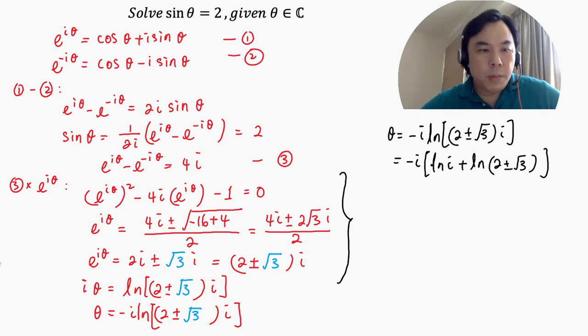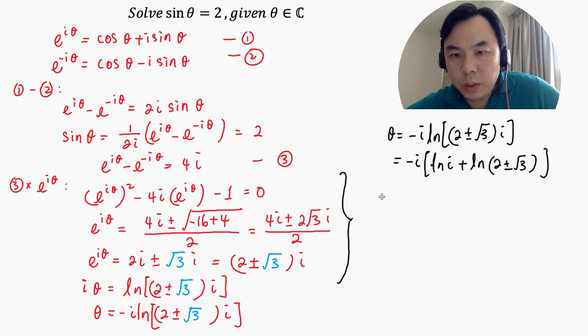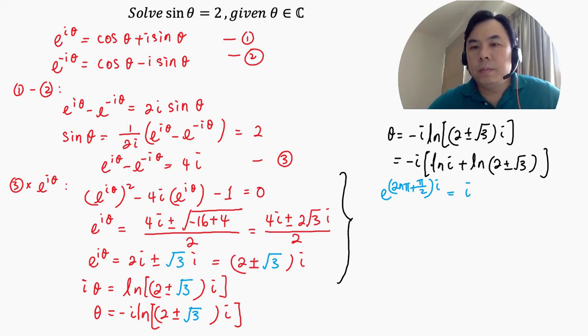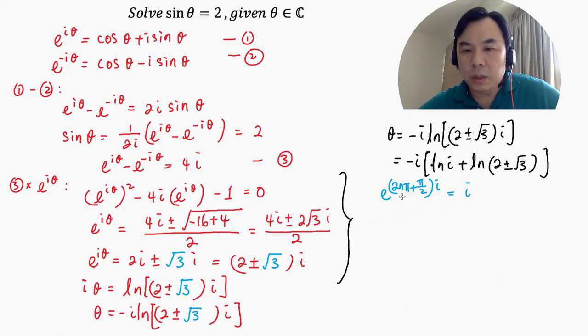And then by making use of one of the Euler forms of a complex number, we know that e to the power of (2n pi plus pi over 2) i is actually equal to i, right? Now you can check that using De Moivre's theorem here.